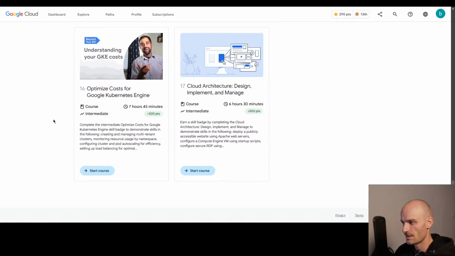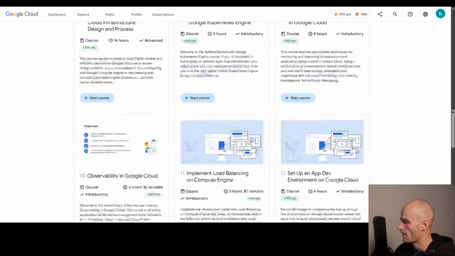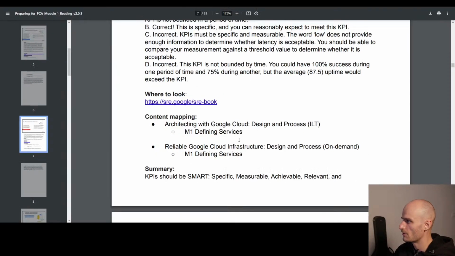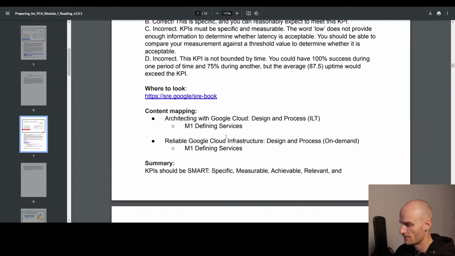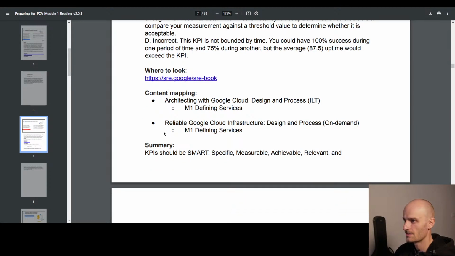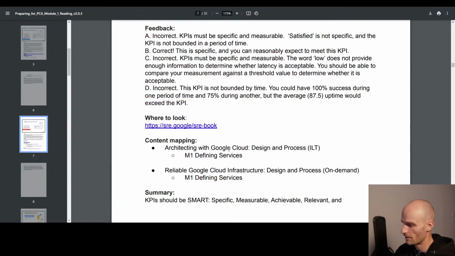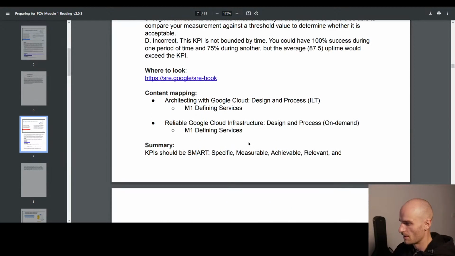Okay, so it looks like it's not. So all the courses advised here are not in this path. However, I will find them in some way. I will look for them.